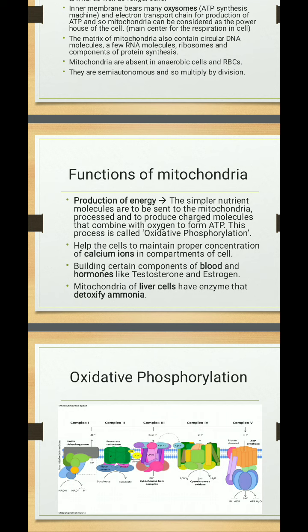At the same time, a proton gradient is also maintained by this particular complex, towards the inner side, that is the matrix side, as well as towards the intermembrane space, which is the space between the two membranes. Here you will not get the idea in detail, but we'll discuss these things later. So this is the overall process performed by mitochondria to produce ATP.